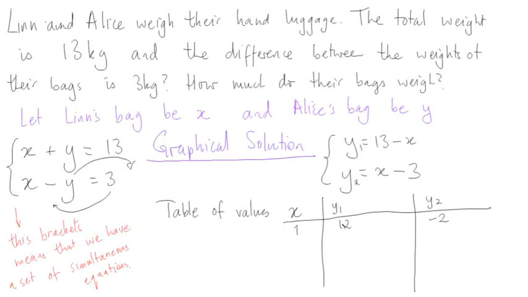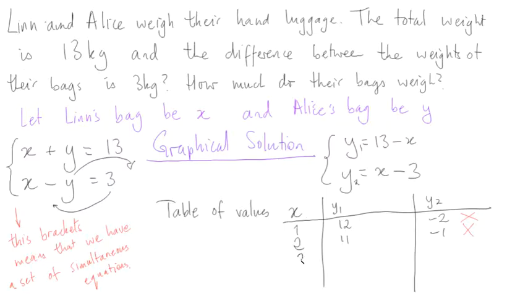Now, since these y values are not the same, this is not the solution of the equation, because if it was a solution, these values would be the same. So that one we can rule out. Let's try 2. When x equals 2, y1 equals 13 minus 2, which is 11, and y2 equals minus 1. Again, not the solution.